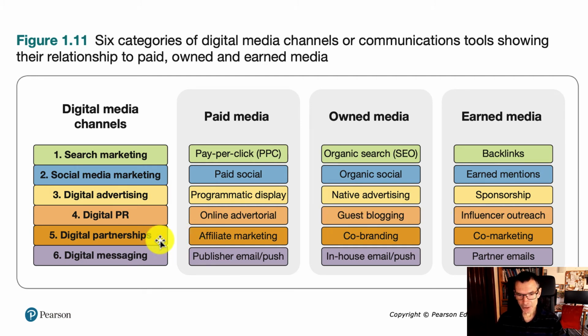Next, we've got partnerships. This is one you'd often see missing perhaps in some descriptions of all the digital media options. People might talk about affiliate marketing, which is a commission arrangement that can work in retail, travel, financial services, where you pay a proportion of the sale to the website that referred the visit before the sale.